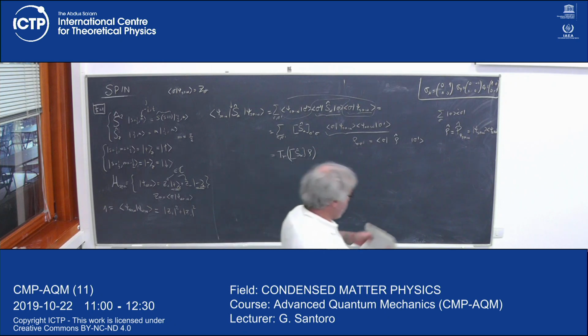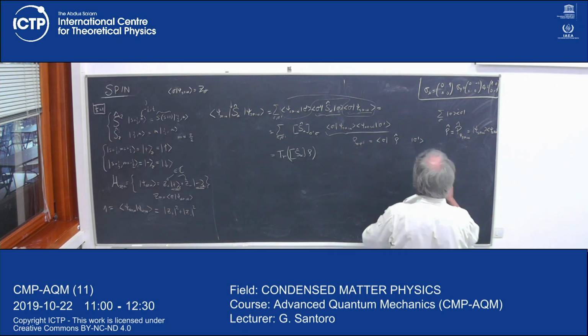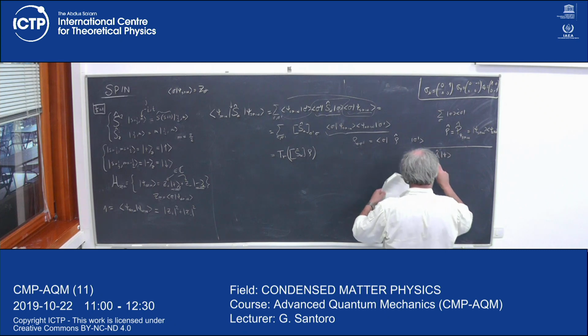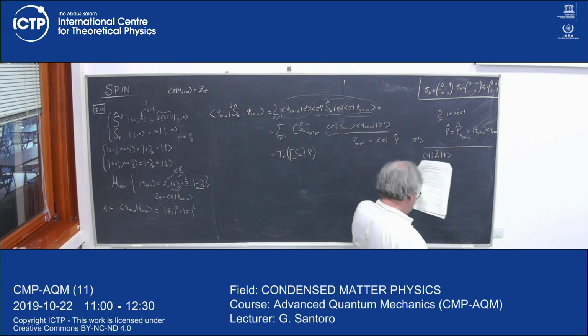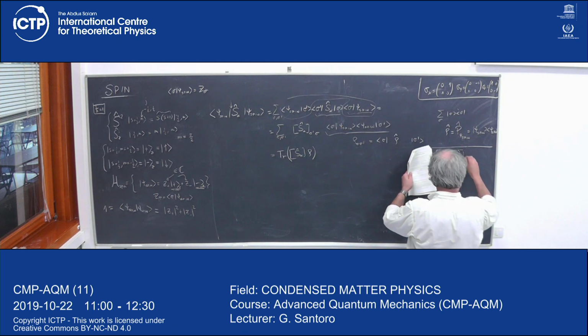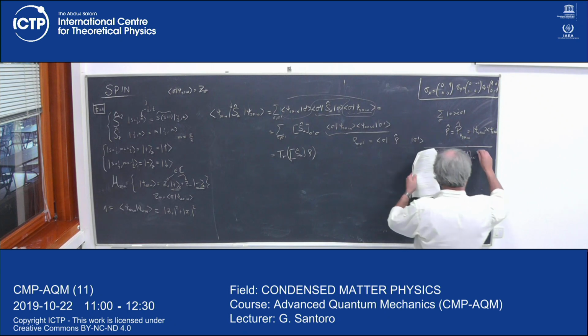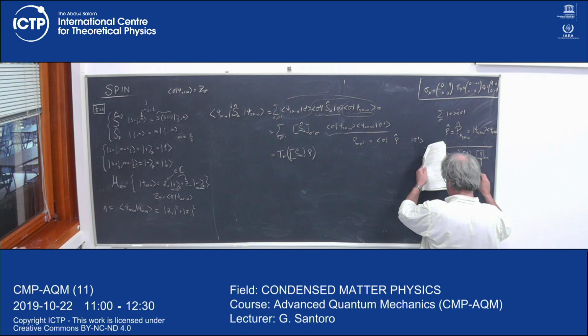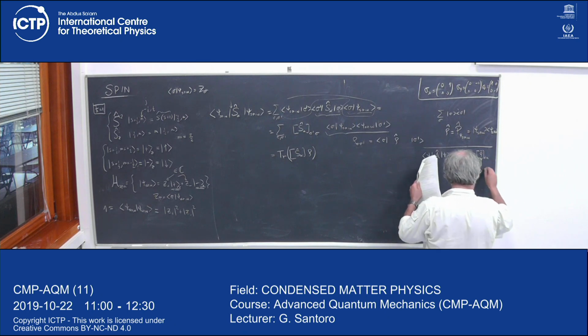I don't want to spend too much time on that at this time, but just to remind you that if I ask you to calculate this object on any Hilbert space, any operator, then you can also write this as the sum over n prime of the matrix representing A on n prime times the matrix rho, n prime n, where this object here is the pure state density matrix psi.